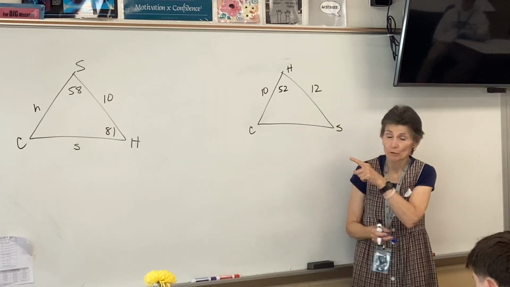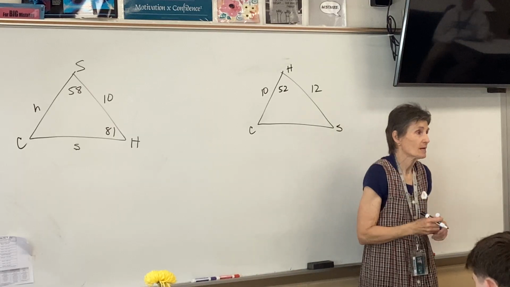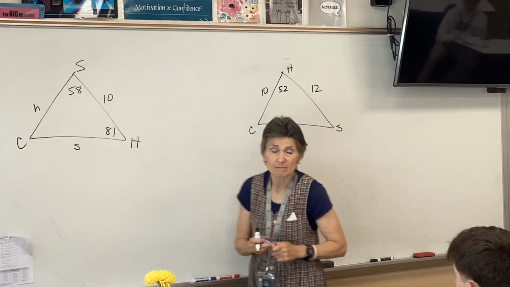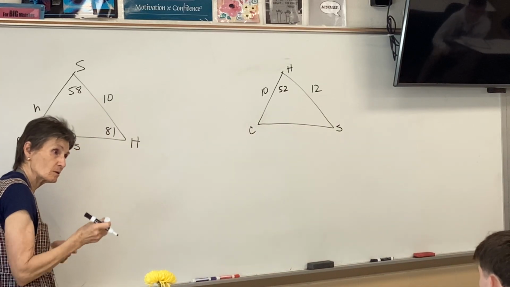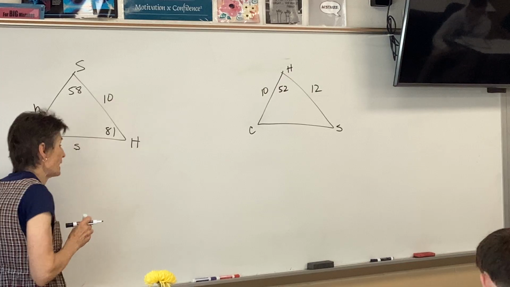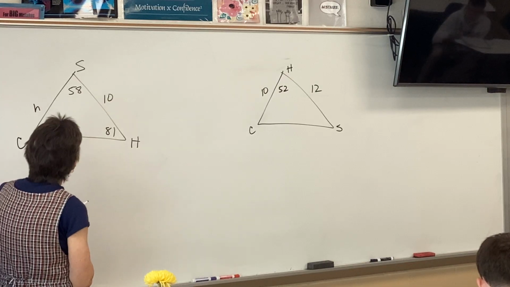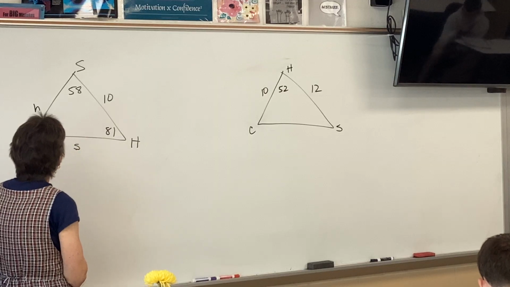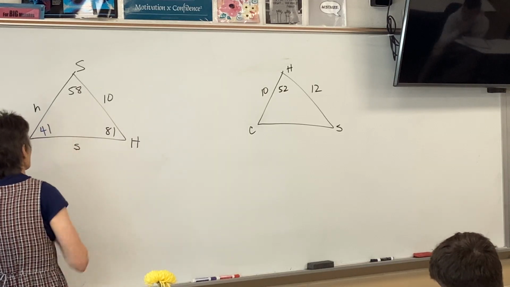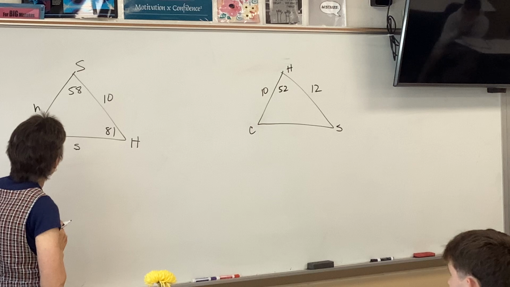Oh, by the way, those are degree measures. Can you find any of those things? Angle C is easy because we know the angles add up to 180. So what would that be? That's 141, 39. Is that 41? Check my math, is that right?